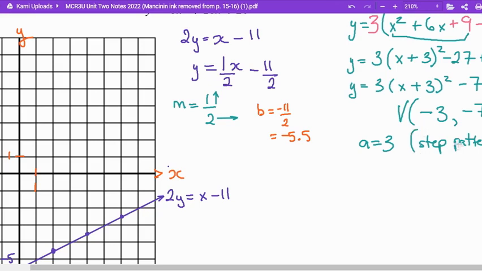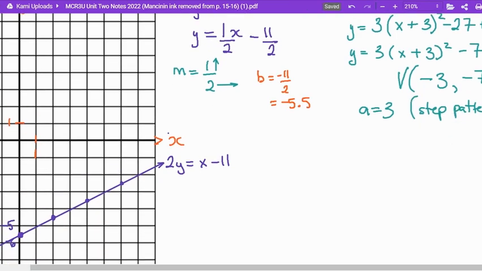Okay, so our basic step pattern is 1, 3, 5, 7, 9. It's all the odd numbers. And so when I multiply them by 3, 1 times 3 is 3. 3 times 3 is 9. 5 times 3 is 15. 7 times 3 is 21, right? We won't go that far.